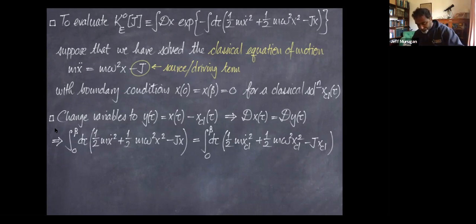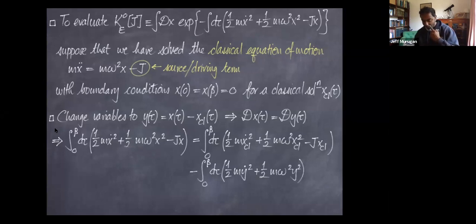plus another part that is actually a minus integral from 0 to beta d tau of a half m y dot squared plus a half m omega squared y squared, plus cross terms, which are going to be order y of tau.